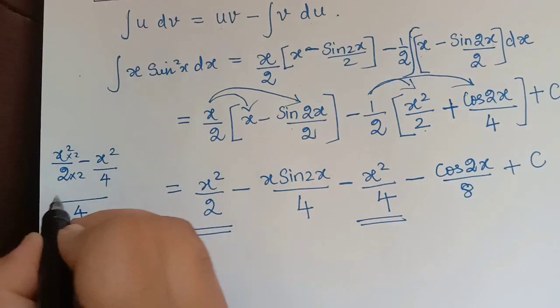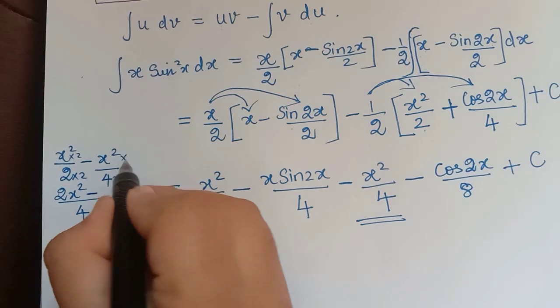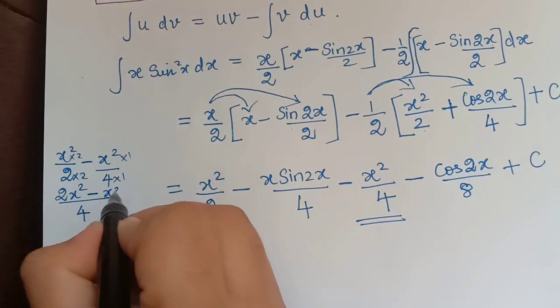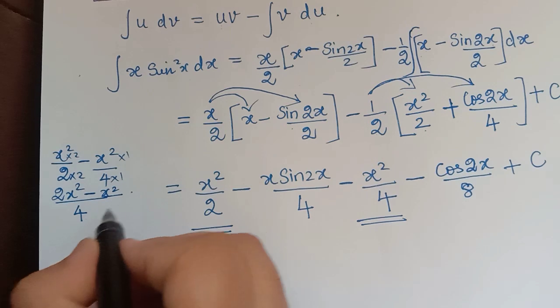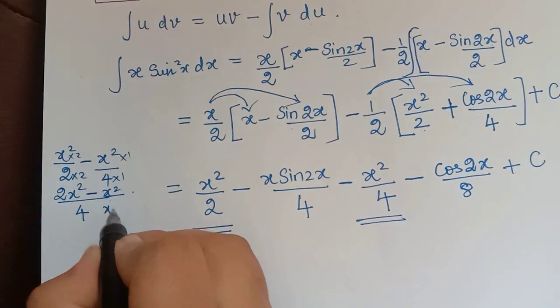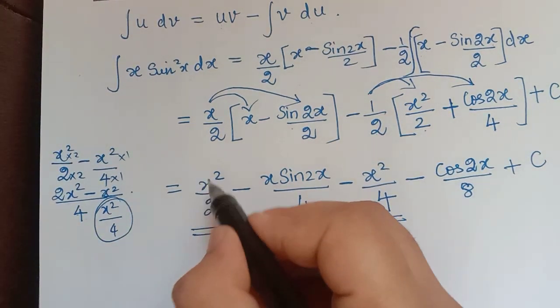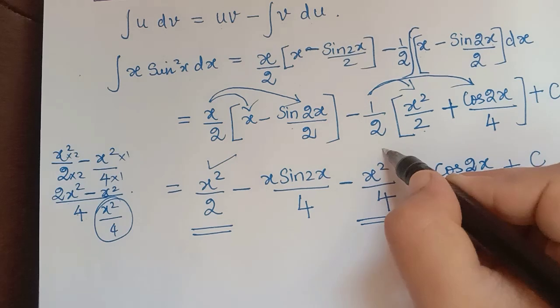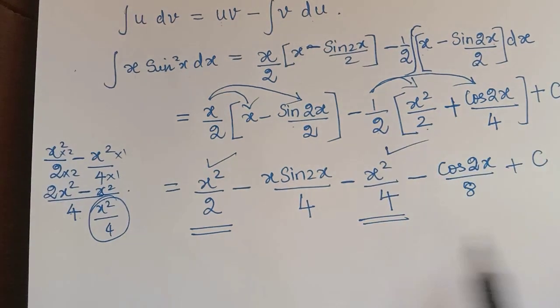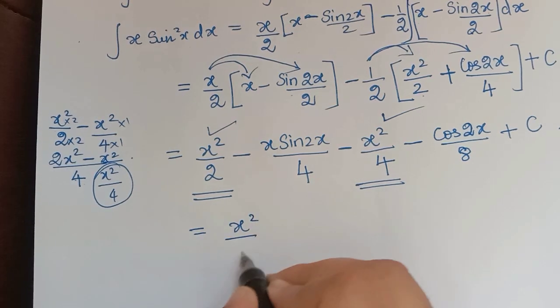So we get 2x squared minus x squared, which is x squared by 4. So simplifying these two terms, x squared by 2 minus x squared by 4, we get x squared by 4.